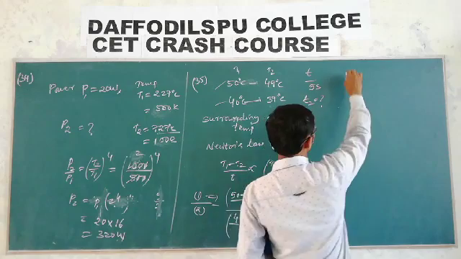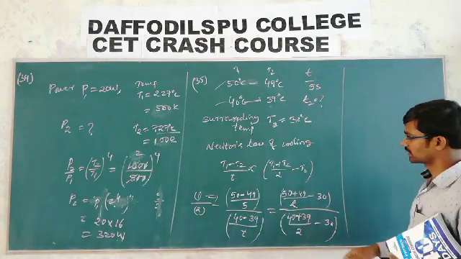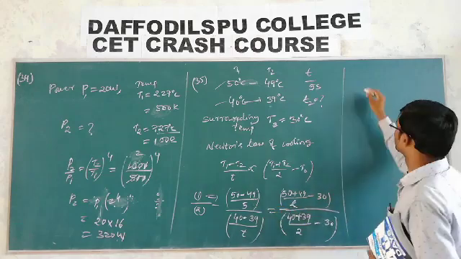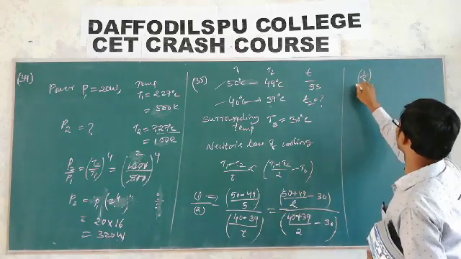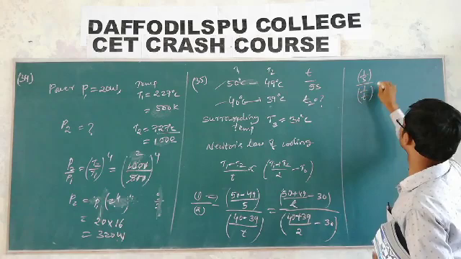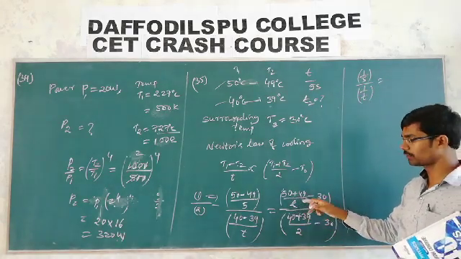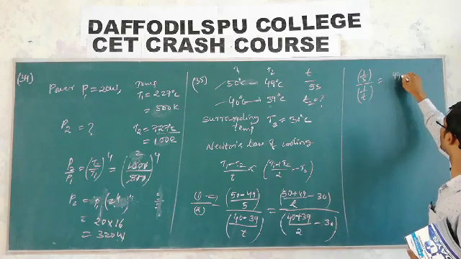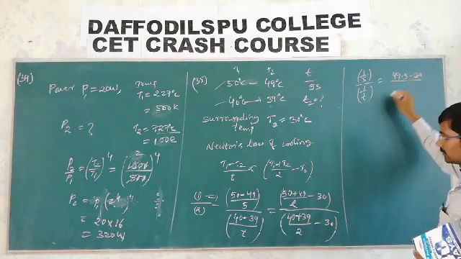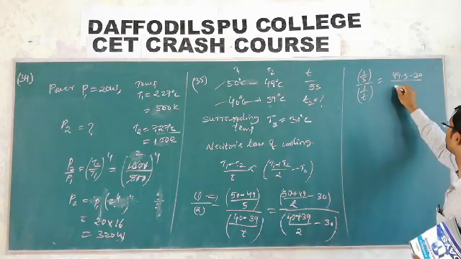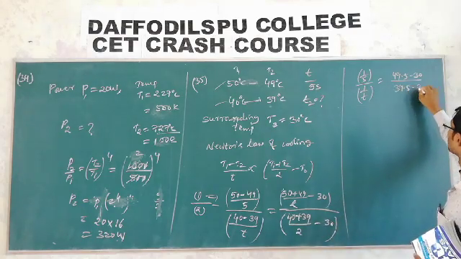So 1 by 5 by 1 by t is equal to 49.5 minus 30 by 39.5 minus 30.